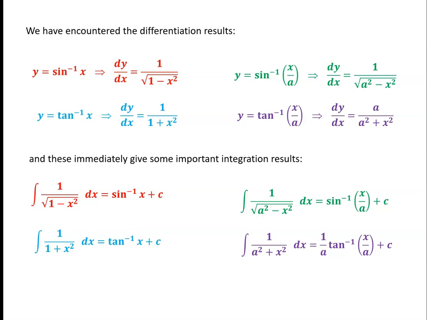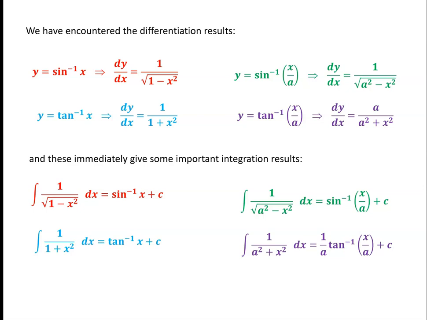Now notice the 1 over a in front of the tan to the minus 1 of x over a here. Why is that there? Well, we know that if y is tan to the minus 1 of x over a, then dy by dx is a over a squared plus x squared. So if y is 1 over a tan to the minus 1 of x over a, dy by dx will be 1 over a squared plus x squared.